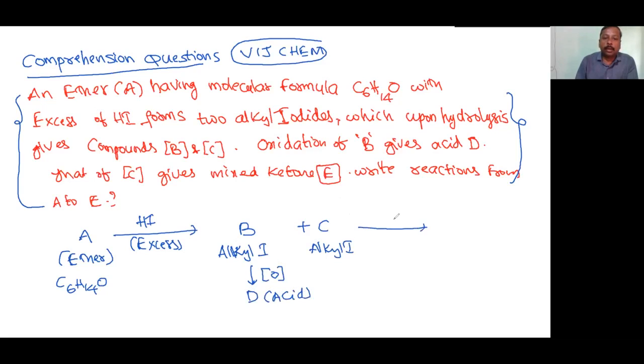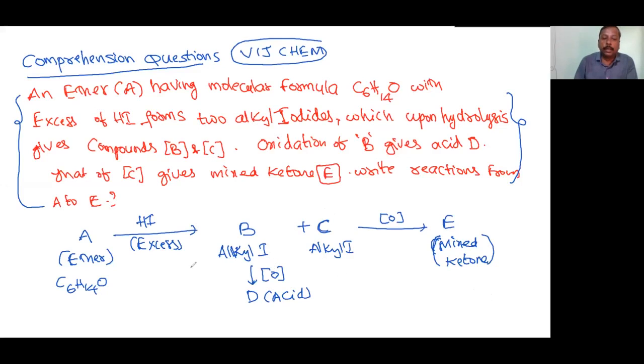On oxidation, C gives E, which is a mixed ketone. Mixed ketone, I already told you in my first lecture of aldehyde and ketone, in the classification of carbonyl compounds. So every lecture, every word, every sentence is very important. It is going to affect you a lot. So this is the question given.